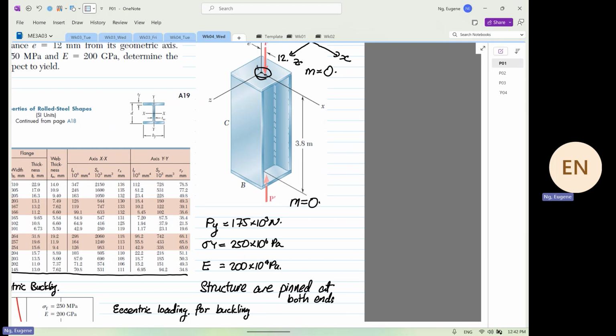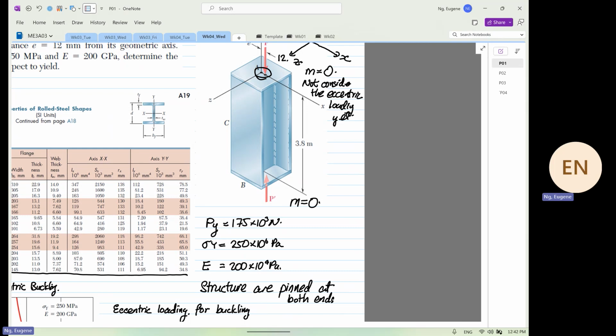And moment is equal to 0. As I said, for this case, we did not consider the eccentric loading yet. So when we want to find the equivalent length, take it like a centric loading.